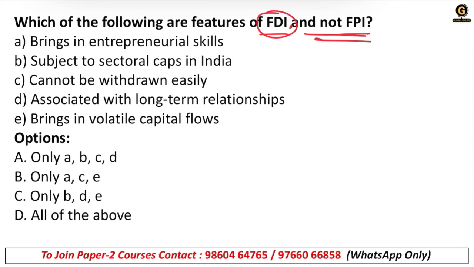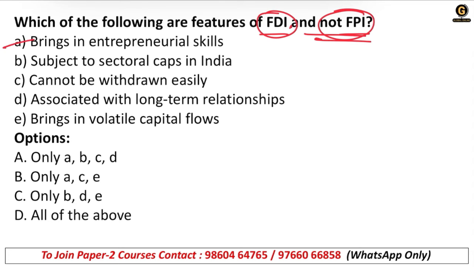But to confuse you, this kind of question can be asked, and they will give you some options related to FPI. But you need to understand the question first, right? So what we need to do in this question is find out the features of FDI only, and ignore the FPI.